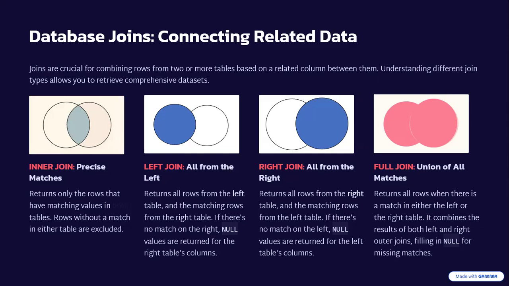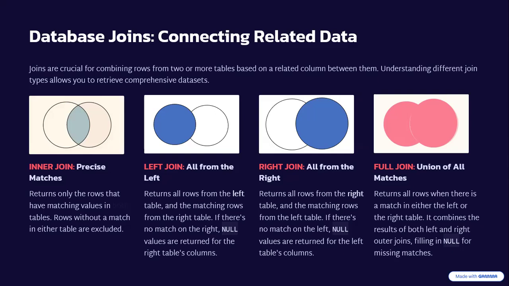The right join returns all rows from the right table and then puts the matching rows from the left table. Then the full join would join all of them together, not only the ones where they match.